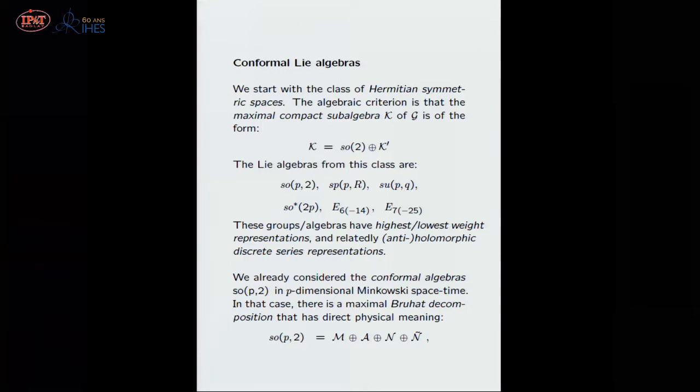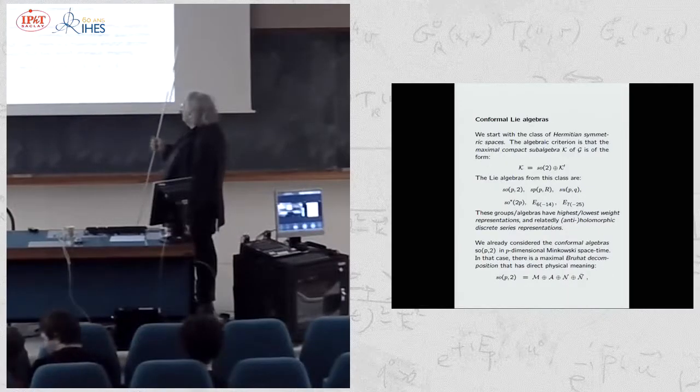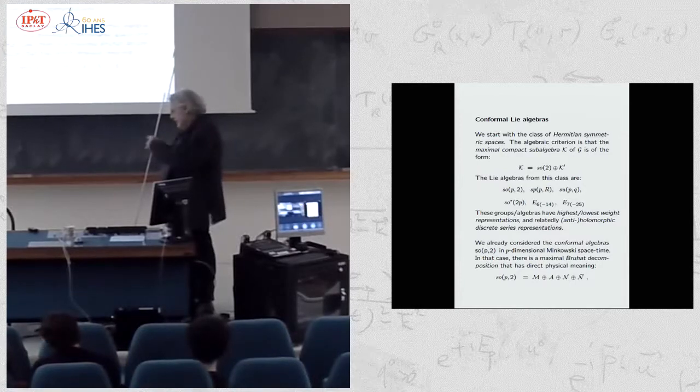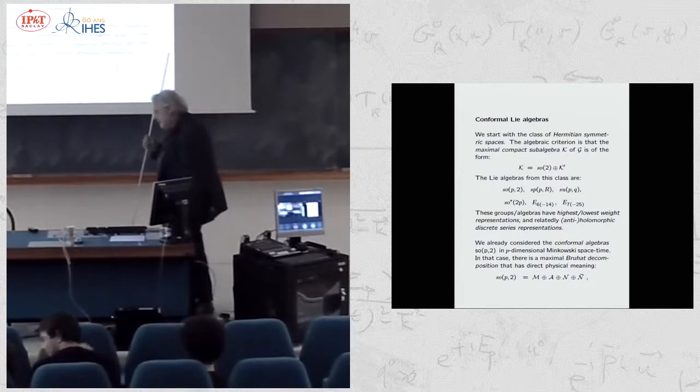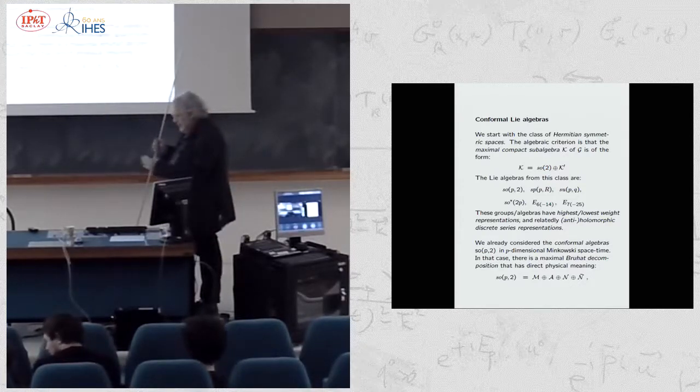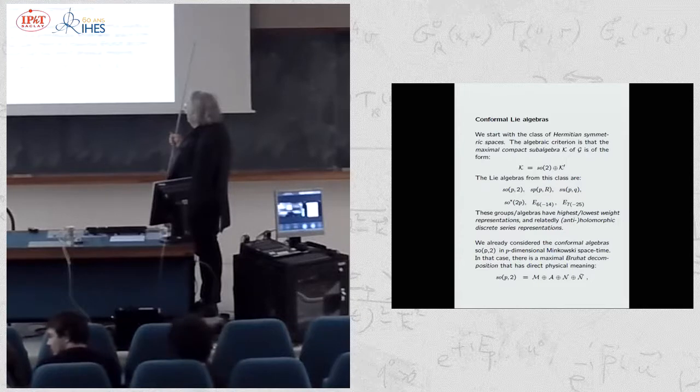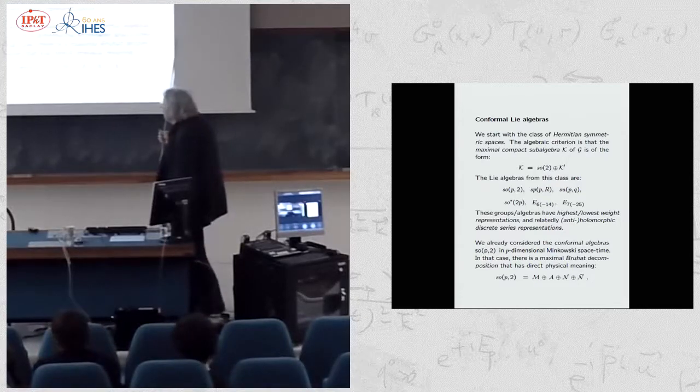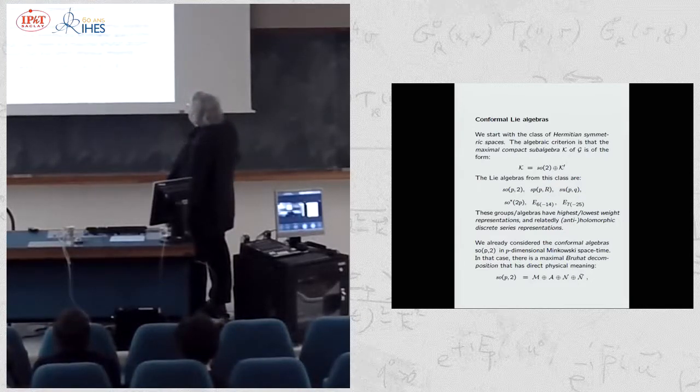Now I'm going to introduce a class which I call conformal algebras. In the beginning, you see, since I wanted to apply this machinery for other algebras and to be more explicit, but then of course you have to work algebra by algebra. So what to start with? So I started with the Hermitian symmetric spaces. There is a geometric criterion, but we need the algebraic criterion.